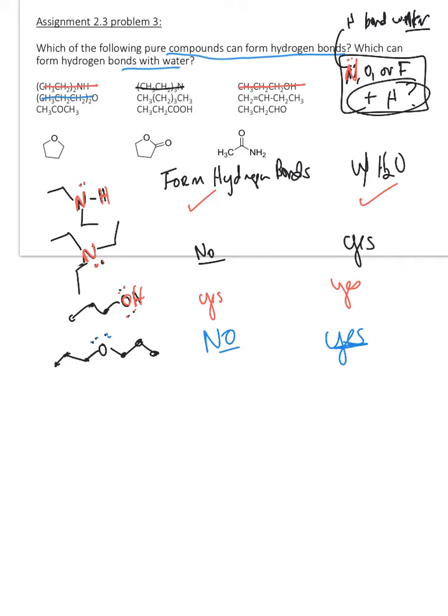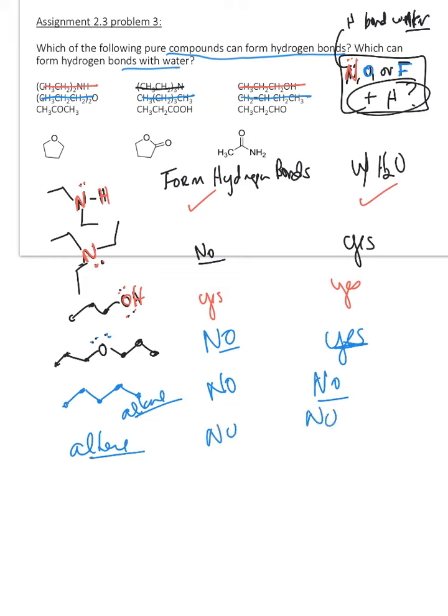The next one is pentane. This is an alkane, and it has no oxygen, nitrogen, or fluorine, so it is no on both accounts. The next one is an alkene, and it would also be no and no.